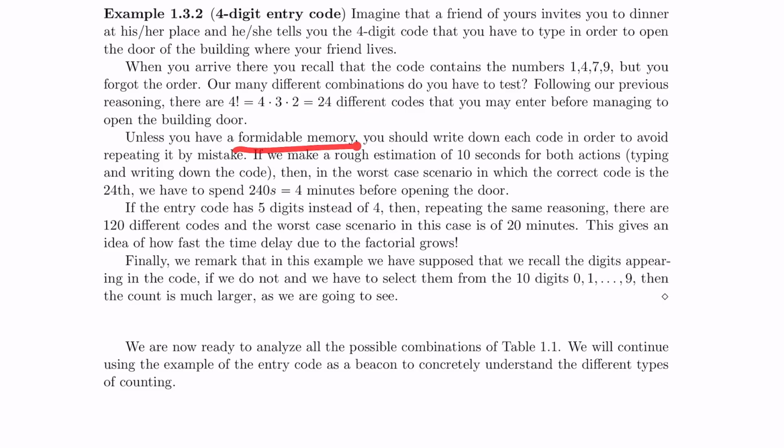Unless you have a formidable memory, you should write down each code in order to avoid repeating the same by mistake. We can roughly estimate 10 seconds for both actions, that is, typing the code and writing it down. Then, under these assumptions, and in the worst case scenario in which you have to type the code 24 times in order to find out the correct one, you have to spend 240 seconds, that is 4 minutes, before opening the door.